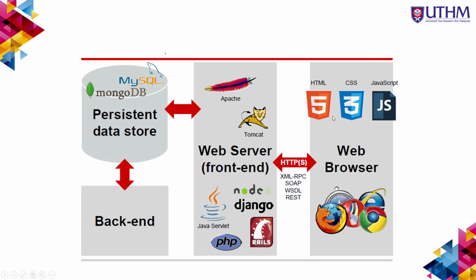We have all of these things: the scripting, the web browser, the markup language, and CSS, cascading style sheets, to make your website look better than typical solid HTML. And then we have Django, PHP, Java Servlet, Apache Tomcat. All of these are scripting languages for the server. And then we have the web server itself, Apache and Tomcat.